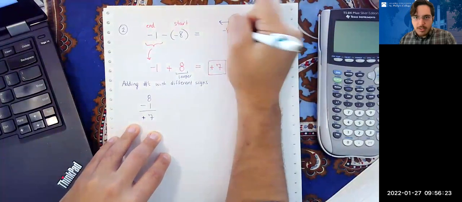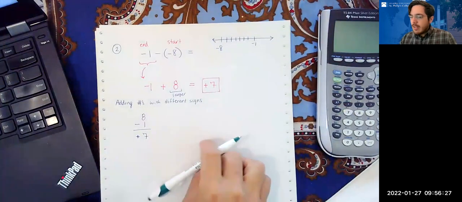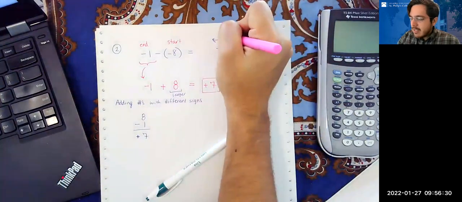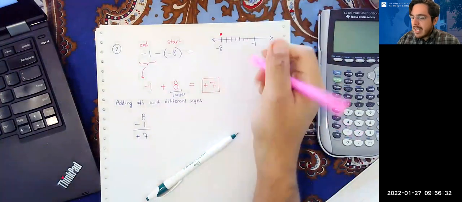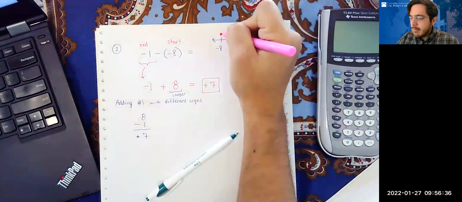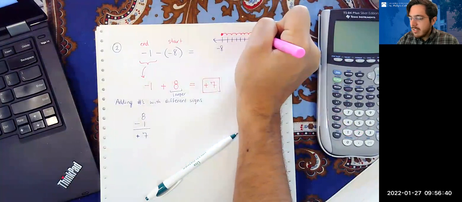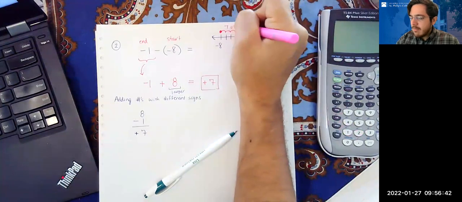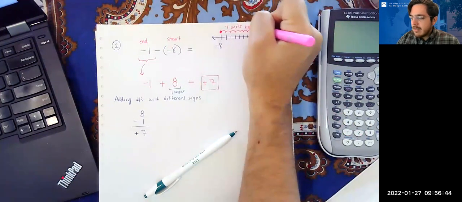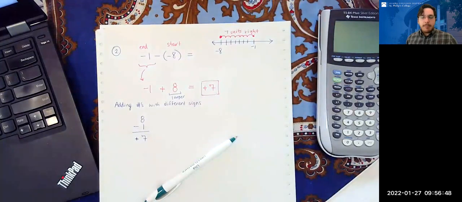And the reason why the number line is okay for this one is because the numbers are kind of small. If I start at -8 and I needed to move and find the distance to get to my end point, I need to move 1, 2, 3, 4, 5, 6, 7 units to the right, which means that my answer should be +7.